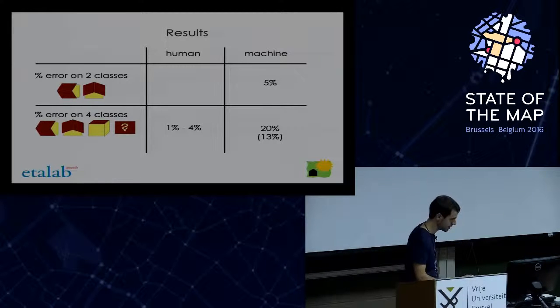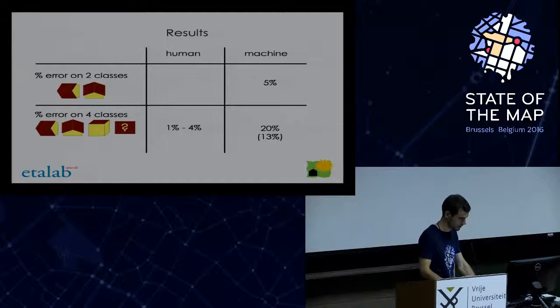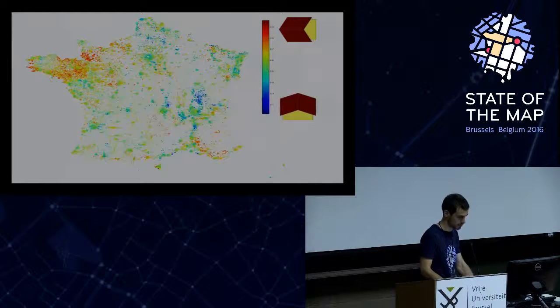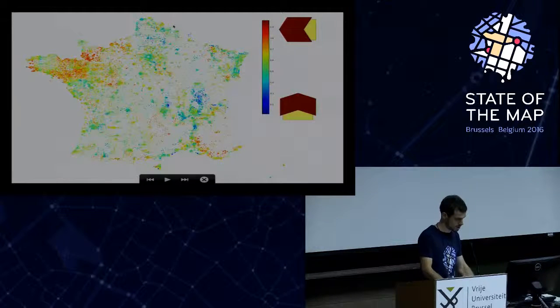analyze the results. So here you have a map of the percentage of one kind of roof compared to the other kind. And the first kind is better for solar panel implementation. And you can make an observation.